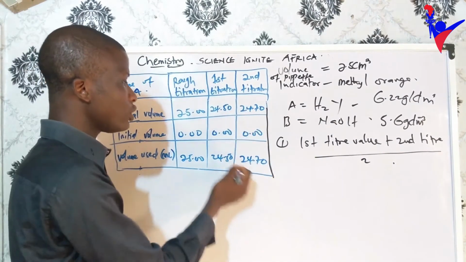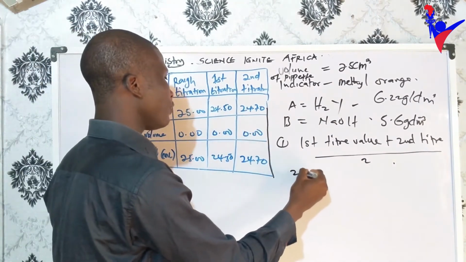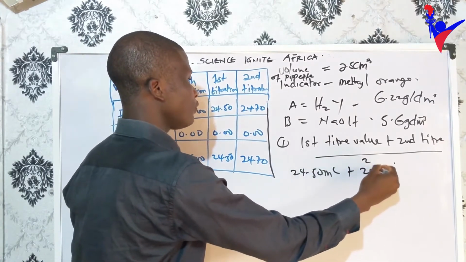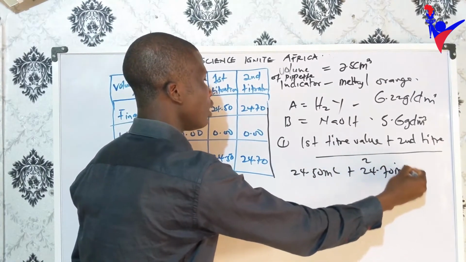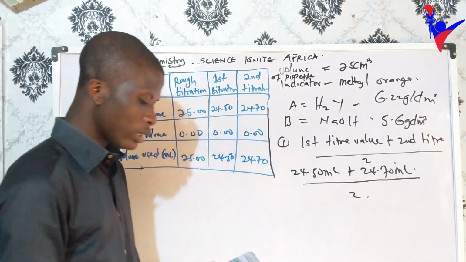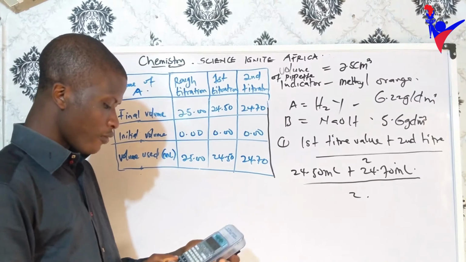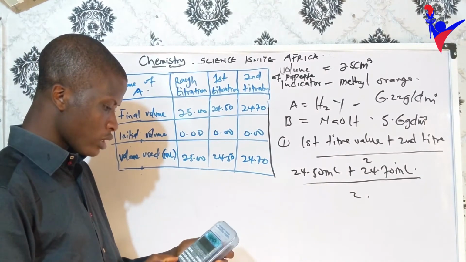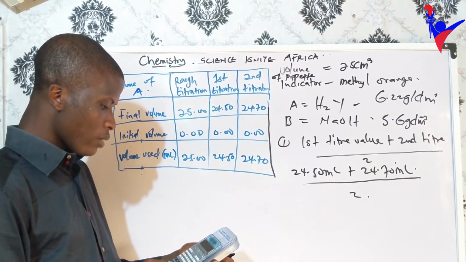The first titer value is 24.50 ml, plus 24.70 ml, all divided by 2. Now let's punch that and see what we are going to have. 24.50 plus 24.70 divided by 2.